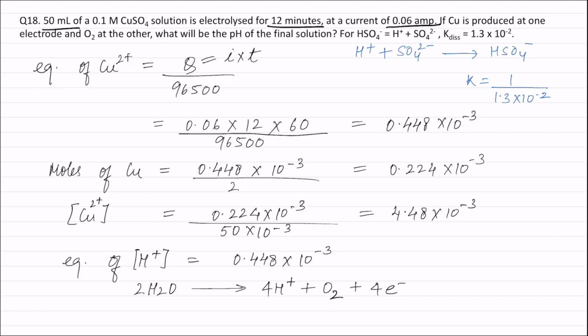Now, equivalents of H⁺ ions present in the solution is 0.448 × 10⁻³. Therefore, moles of H⁺ ions present will also be equal to 0.448 × 10⁻³ because the valency factor of H⁺ is 1.